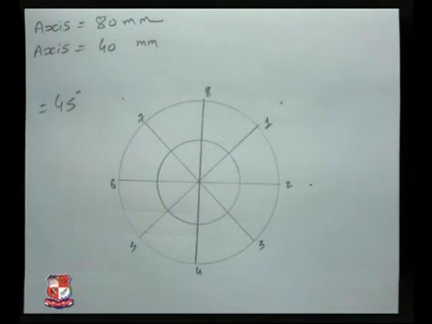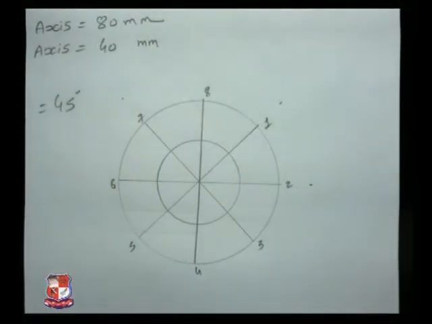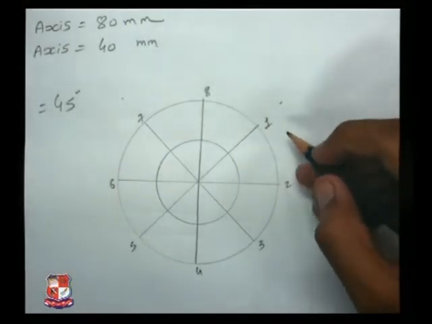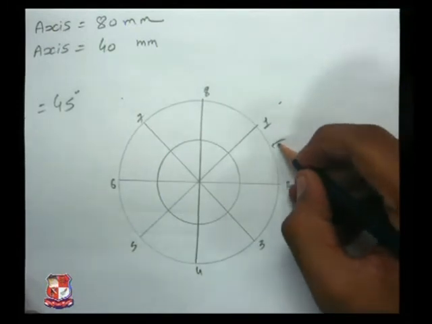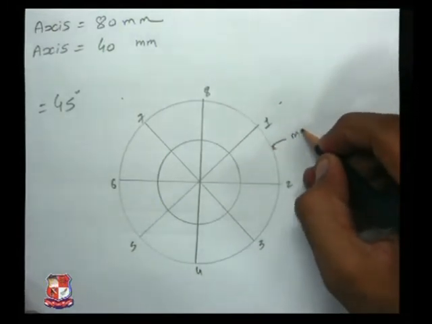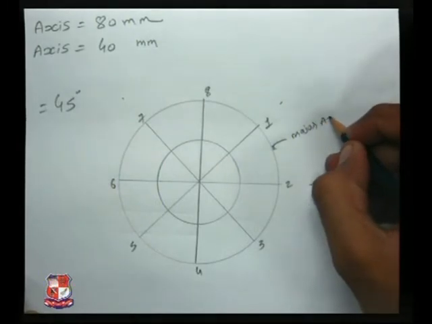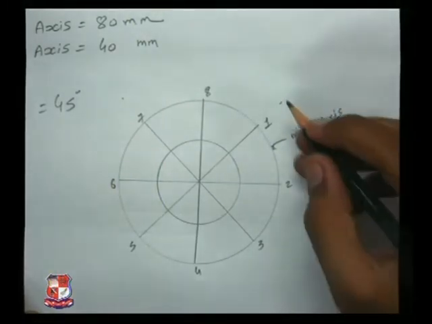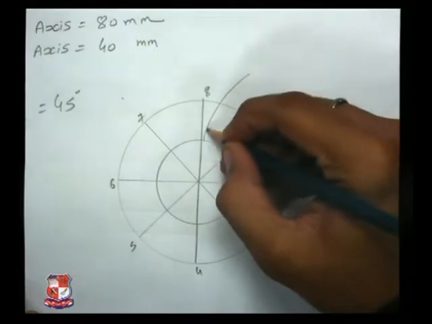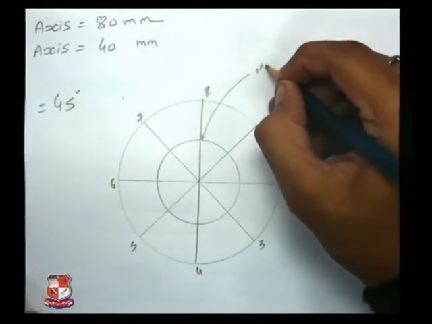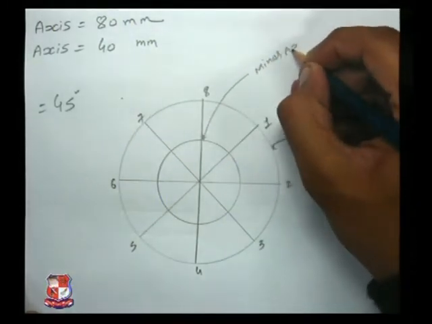Now from the major axis circle, let me designate both the circles. This is major axis circle and this is minor axis circle.